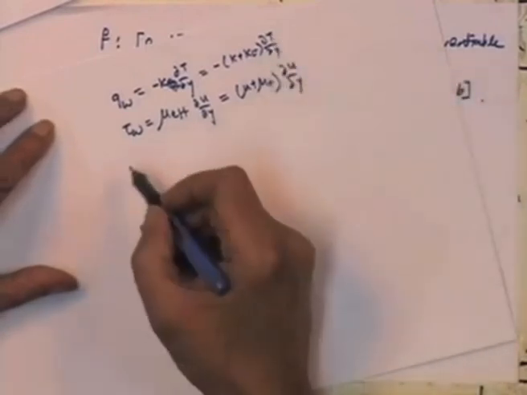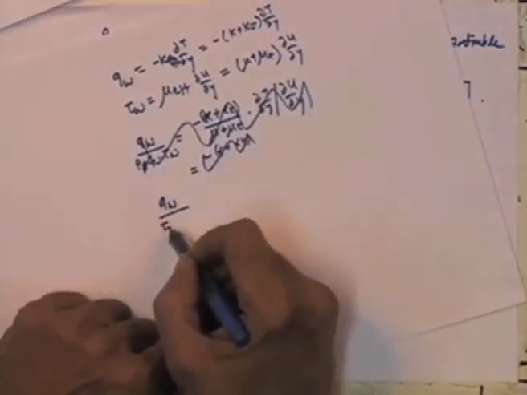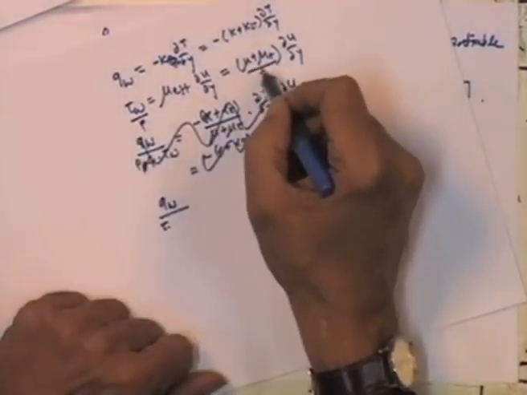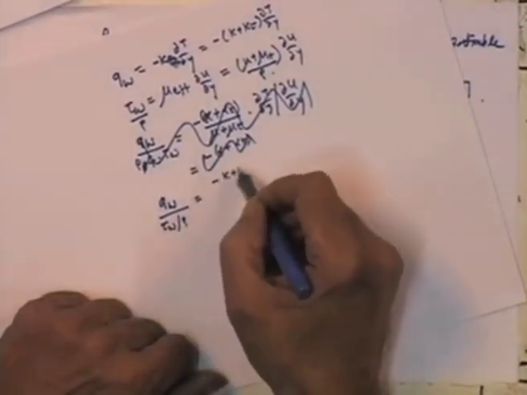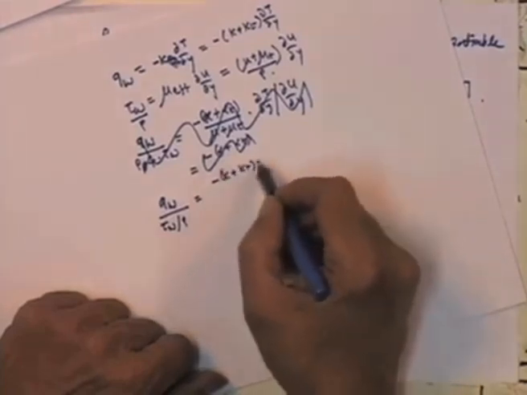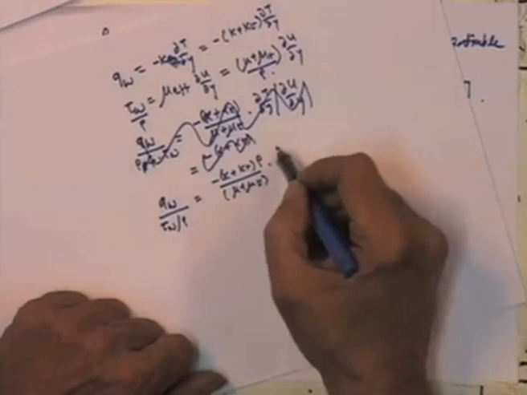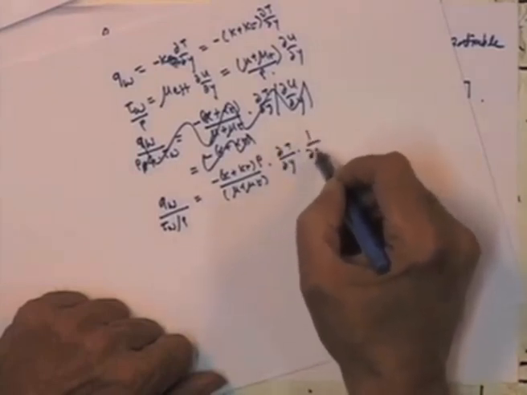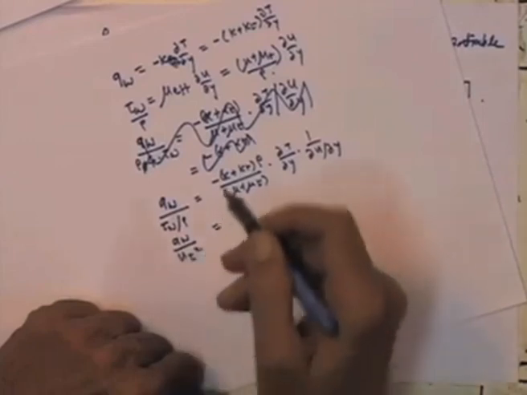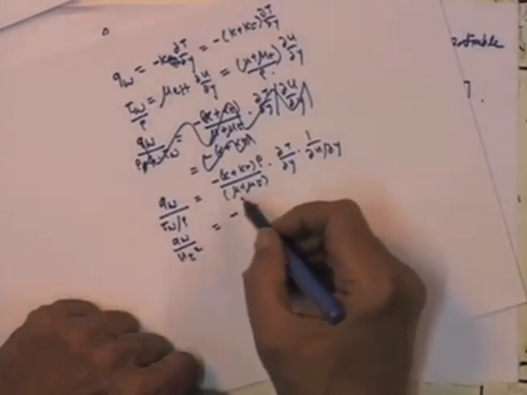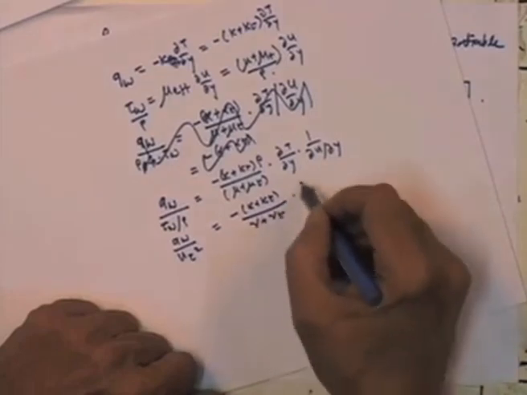Then if I take a ratio of these, tau wall divided by rho would be equal to minus K plus Kt divided by mu plus mu t times dT by dy into 1 over du by dy, and therefore, this will become Q wall divided by u tau squared equal to minus K plus Kt divided by nu plus nu t, dT by du.